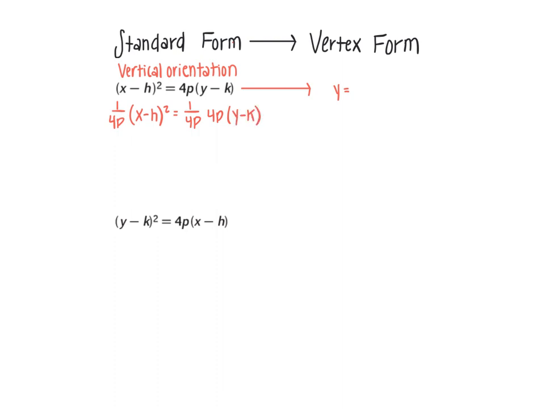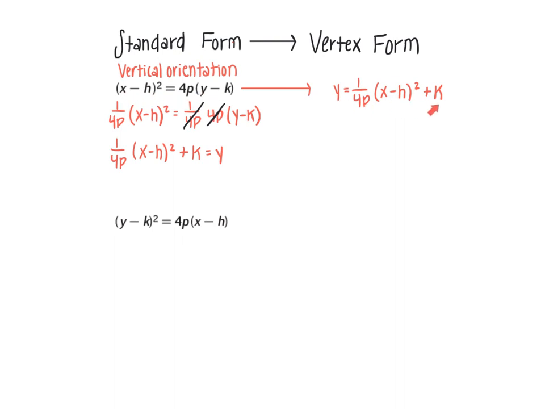So we know here that the 4p's cancel. So now all I'm left with is y minus k. And in order to get rid of this k, I'm going to add k to both sides. So now I have 1 over 4p times x minus h squared plus k is equal to y.